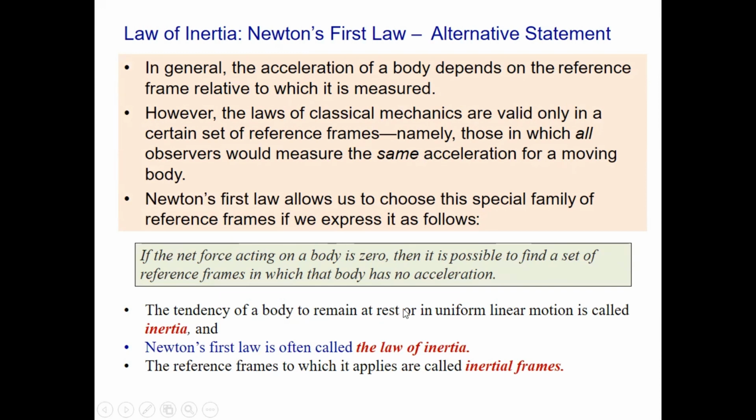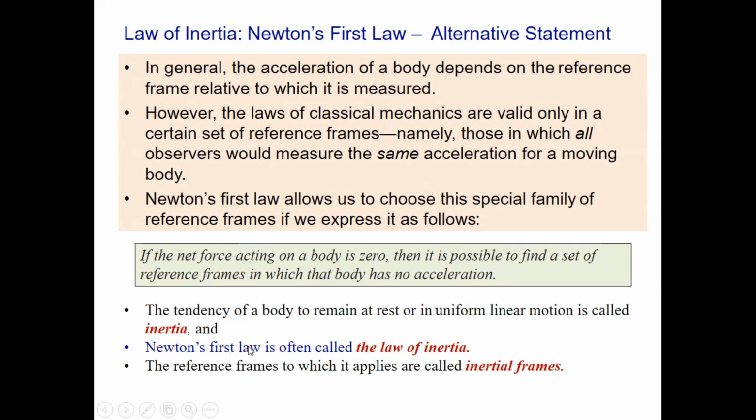The tendency of the body to remain at rest or in uniform linear motion is called inertia. So inertia is the tendency to keep the state of the system as such. So Newton's first law is basically all about inertia. It is telling us that a system would like to keep its state in the absence of any external force.